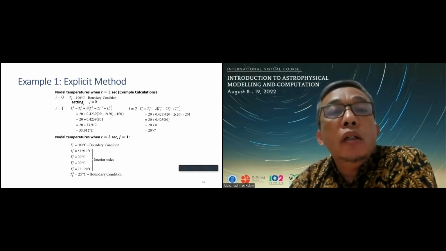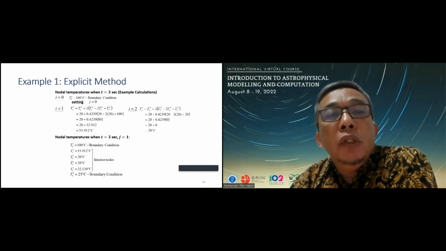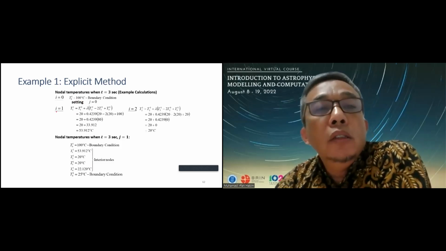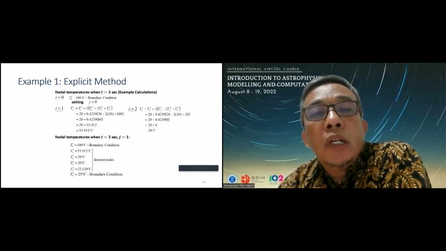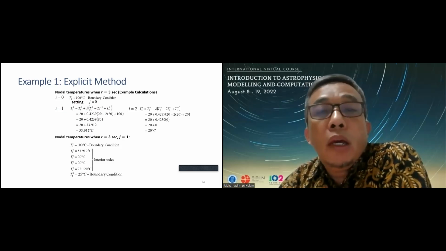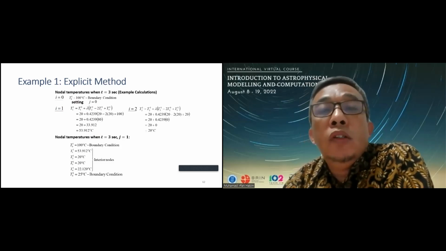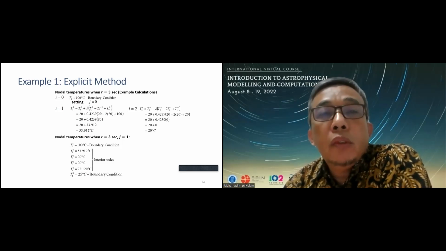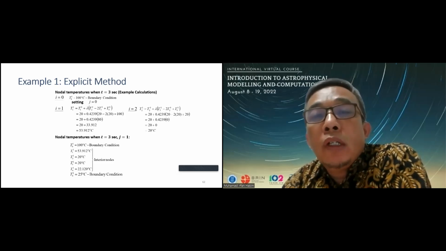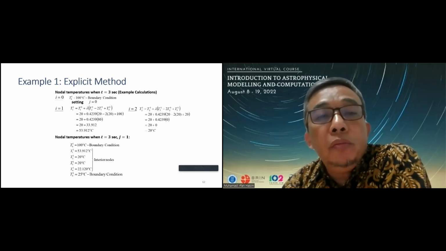By applying this boundary condition, setting I equal 0 here, we know this value. The next node, I equals 1 here, we calculate the value here, and the third, this is I equals 2. We have 20 degrees Celsius.